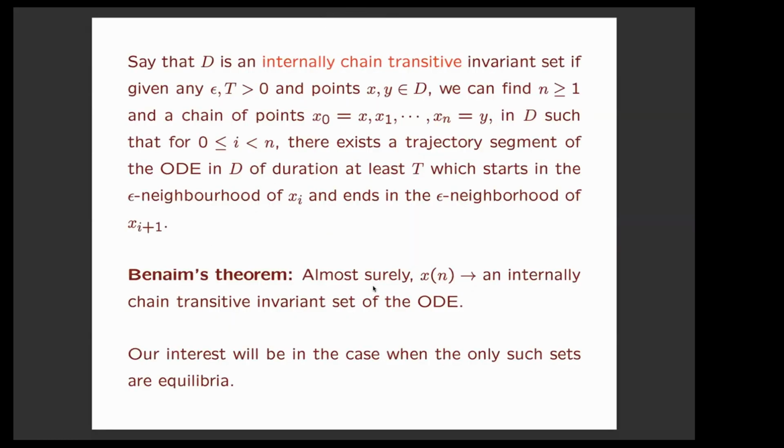So what I showed is that xn almost surely converges to an internally chained transitive invariant set of the differential equation, which is the most general characterization of limit sets of stochastic approximation. Of course, we are interested in algorithms where you want to find equilibria, but we are not always lucky enough to confine ourselves to that.